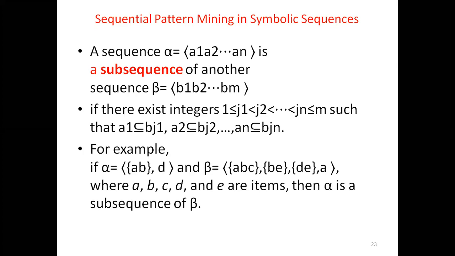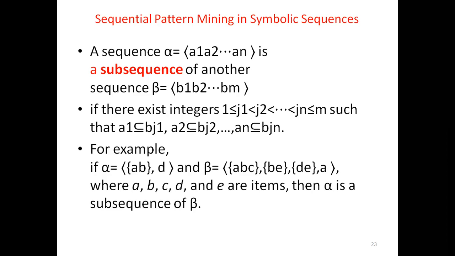This is a simple thing. Why? Because alpha is a subset of beta. That's why A1 is a subset of Bj1, A2 a subset of Bj2, A3 a subset of Bj3, An a subset of Bjn. That means having a subset value, a sequence order.